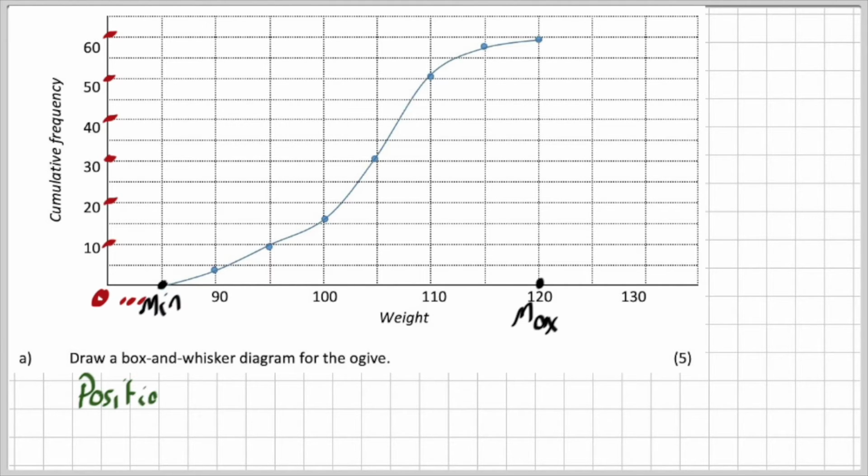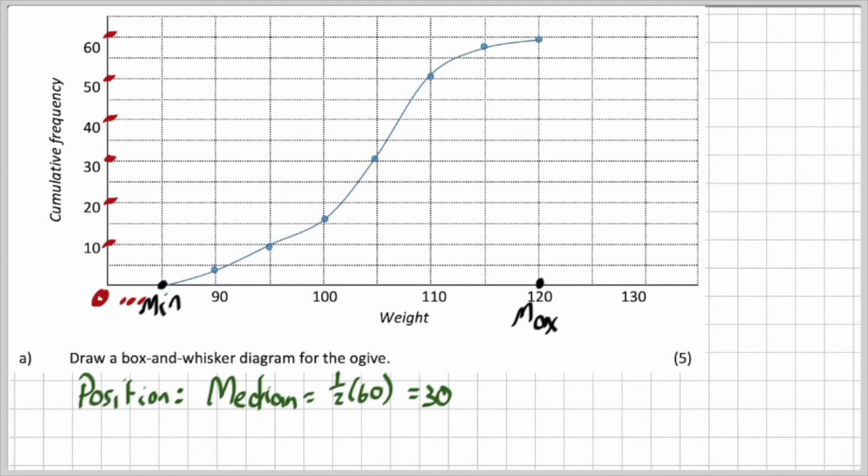So I'm going to do some mathematics here below the sketch. Position. Now, the position of the median, remember, is a half of how many people there are. There's approximately 60 people in this, so I'm going to go a half of 60, which is 30.